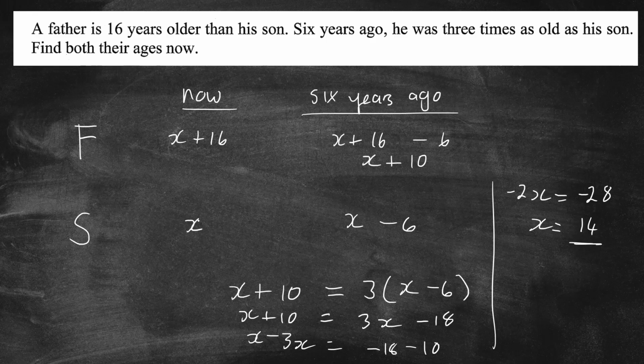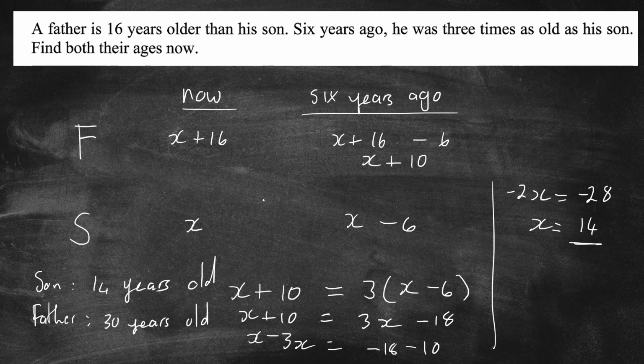So the son would be x, which is 14, and then the father would be 14 plus 16, so the father would be 30. Okay. So these age questions work if you set up a table, organize all the information, and then set up your relationship to solve for x.